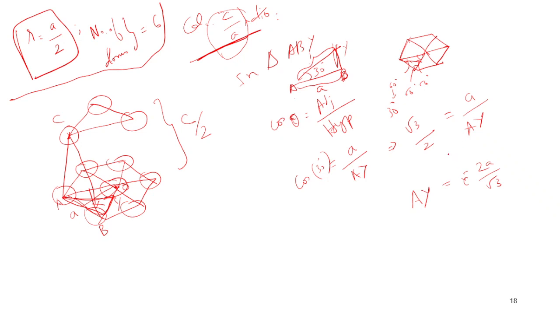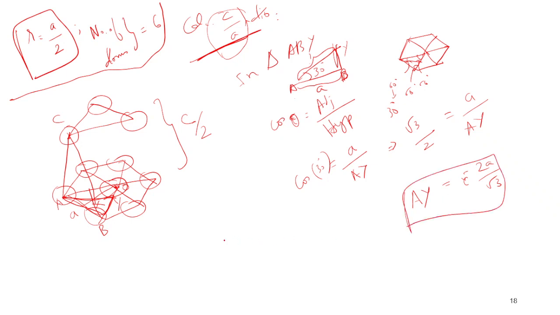Wait, is cos 30 root 3 by 2 or 2 by root 3? Root 3 by 2 only, right? Root 3 by 2, sir. Yeah, correct. So the AY goes there: 2a by root 3. This is the AY value.